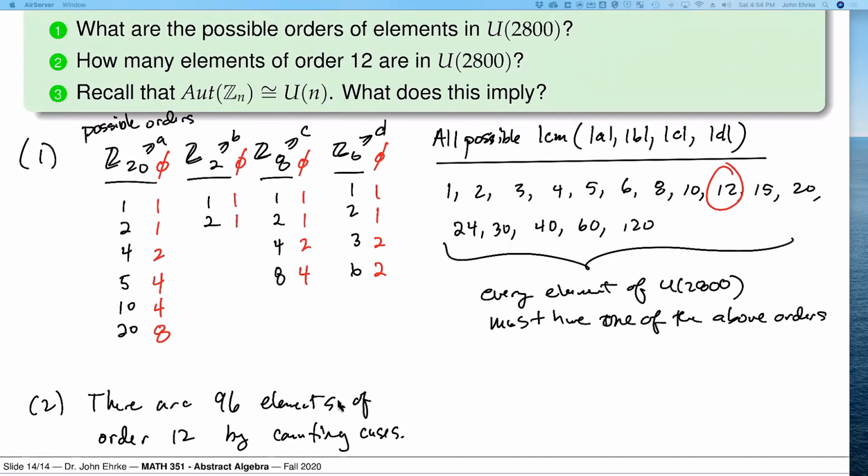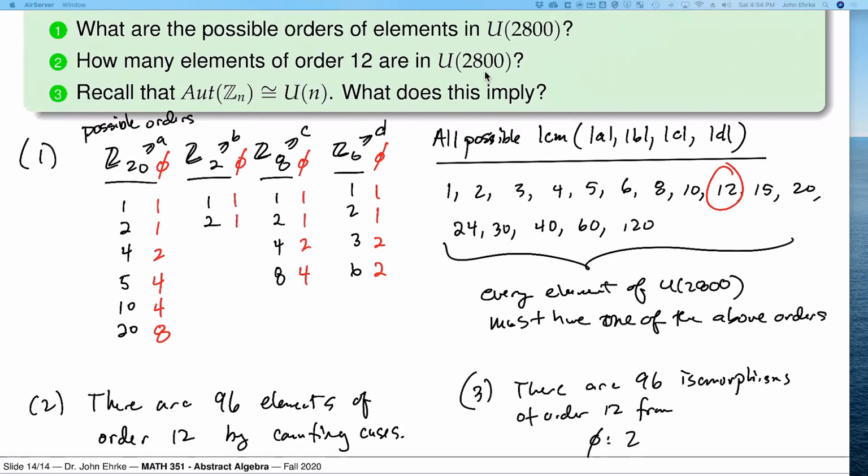So if there are 96 elements of order 12 in U2800, then that result says that there are also 96 isomorphisms of order 12 that map an element from Z2800 into Z2800. So understanding the U groups also gives me some ideas of possible mappings from cyclic groups into itself. And that turns out to be really important later on as well.